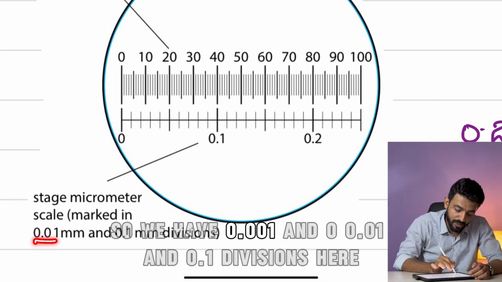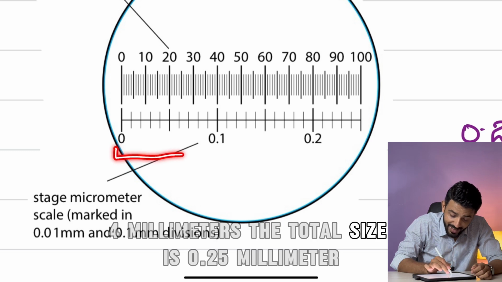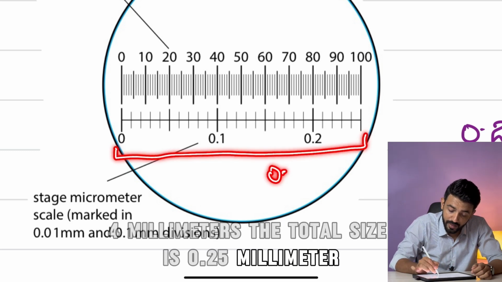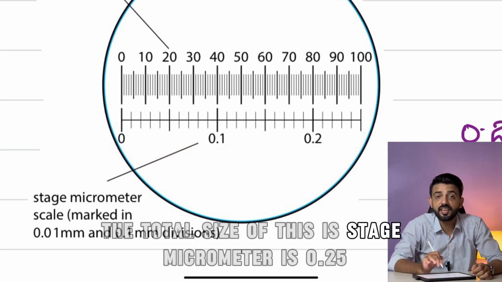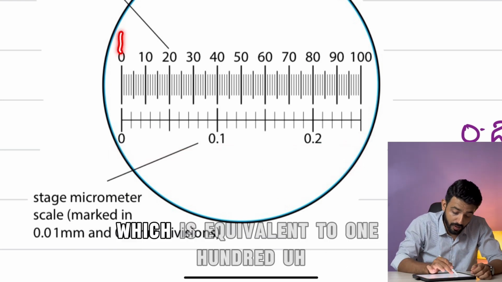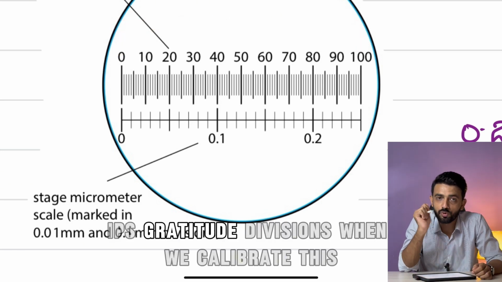So when both the scales are aligned, the stage micrometer has the known divisions. So we have 0.001 and 0.01 and 0.1 divisions here, 4 millimeters. The total size is 0.25 millimeter. For this stage micrometer, the total size is 0.25, which is equivalent to 100 eyepiece graticule divisions.